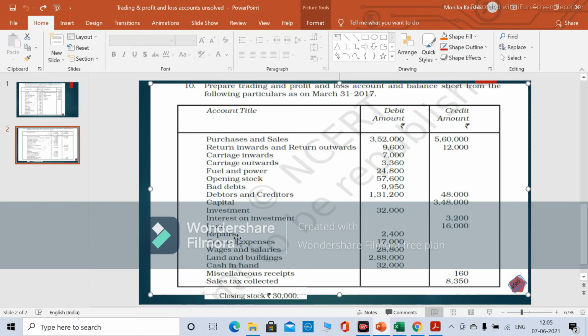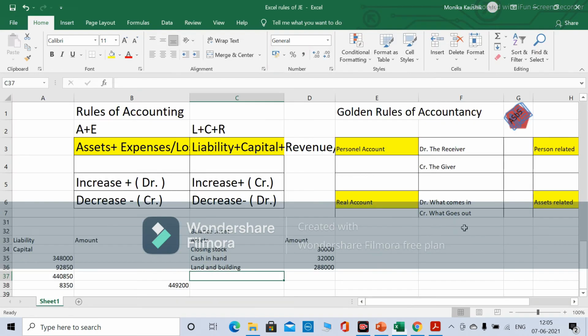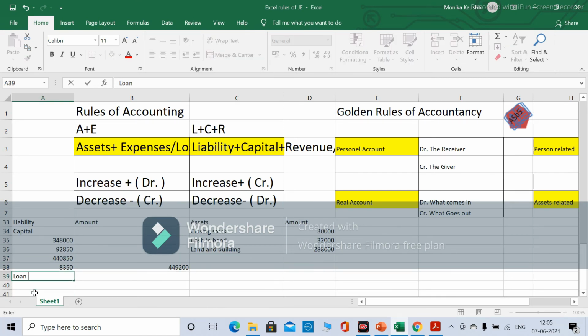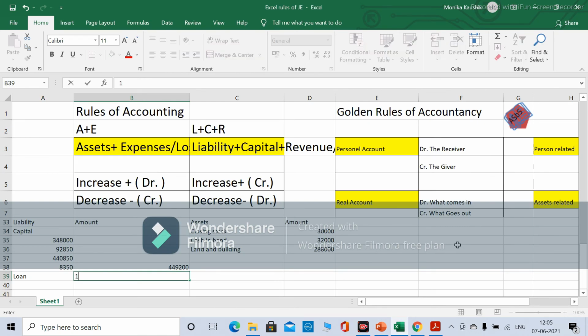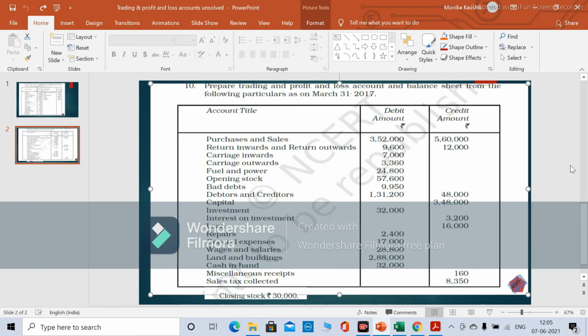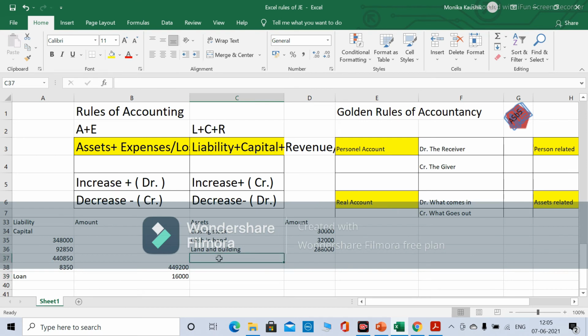Wages and salaries done, general expenses, this loan. Now this loan is on the credit side. So this is my liability. I will write it down here. Loan 16,000 rupees. Now the investment is an asset, 32,000.